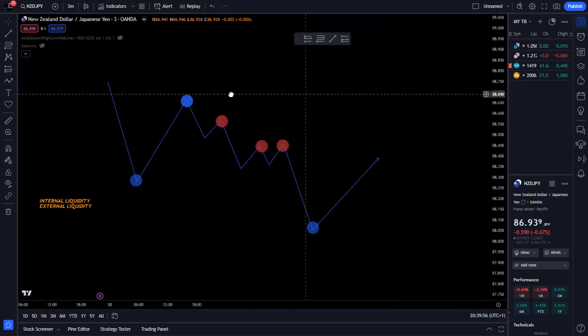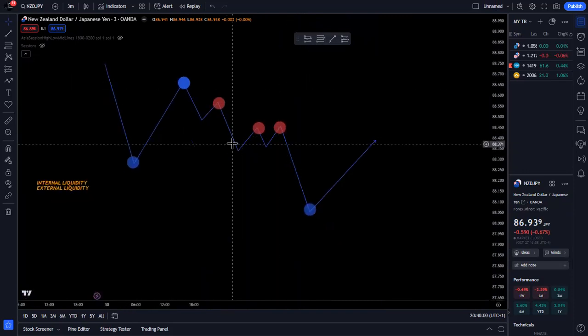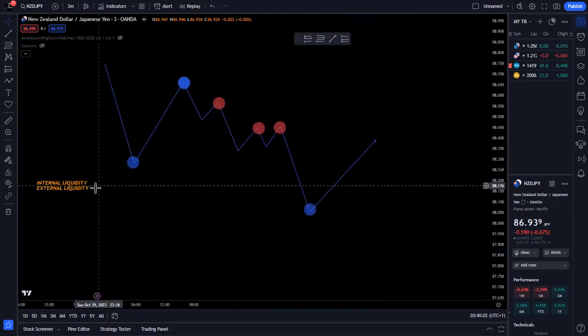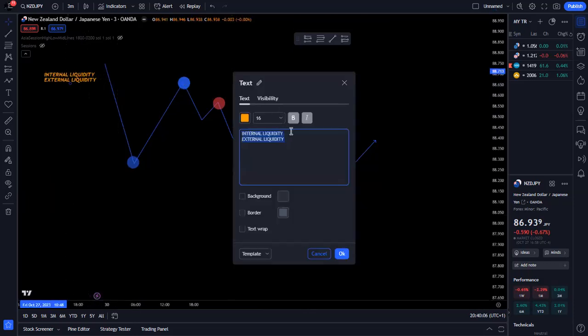When it comes to internal liquidity, we have different types. One example is equal highs and lows. The second is trend line liquidity.